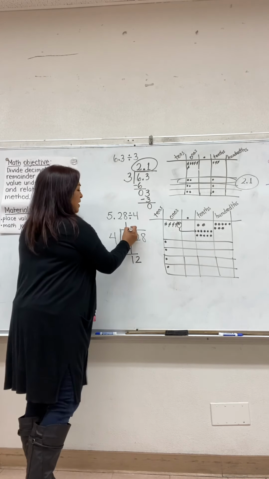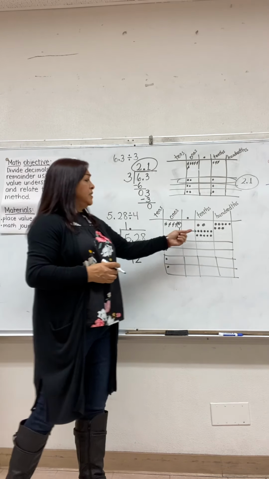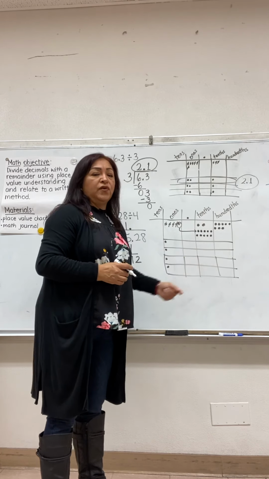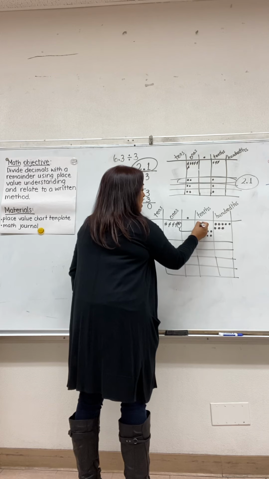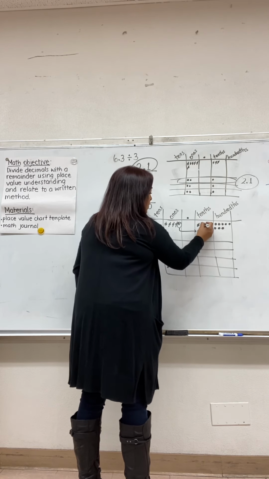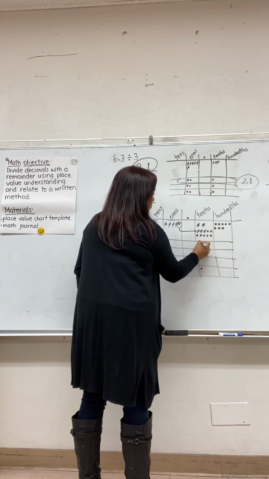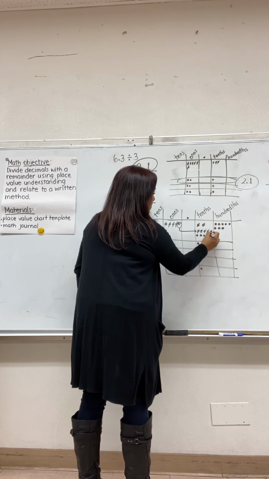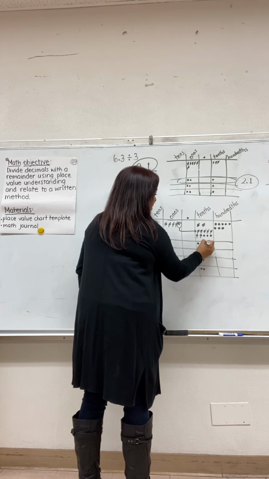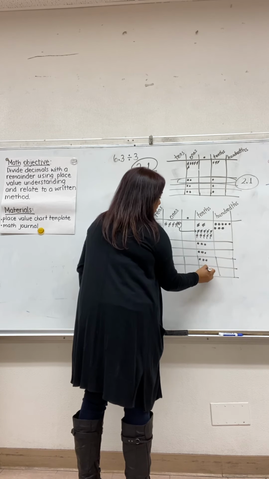Okay, and we're gonna write our decimal point. Our next step is to divide those 12 tens equally into 4 groups. So let's go ahead and distribute those tens one at a time. 1, 2, 3, 4, 5, 6, 7, 8, 9, 10, 11, and 12.